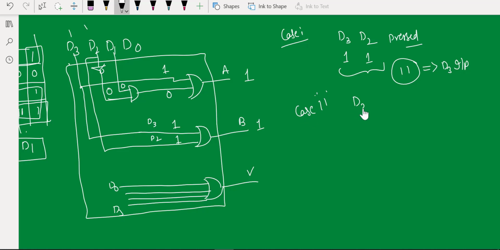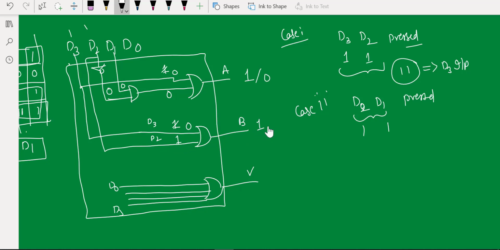Now I'll take case 2. Let's take D2 and D1 pressed at the same time. So that means D2 is 1, D1 also 1. If you look at that context, your D2 bar becomes 0 here, and D1 is 1, 1 into 0 will be 0. Now if you look at here, your D1 is 1, D2 is 1, but D3 is 0. That means you are going to have 0 here. 0 plus 0 will be 0, and D3 is 0 now, and D2 is 1 now.